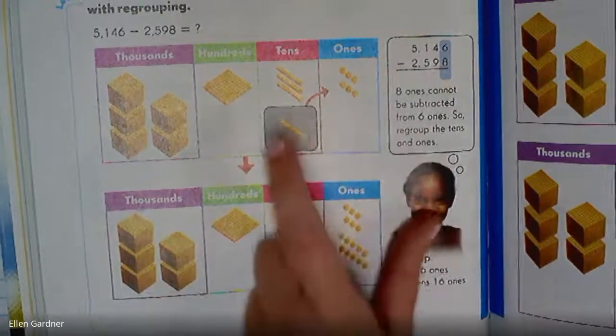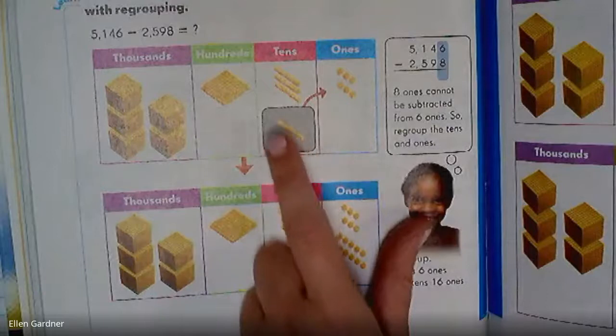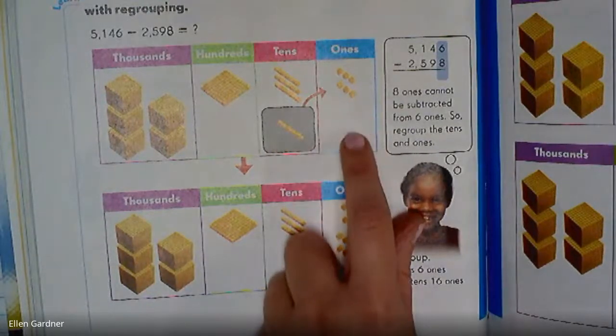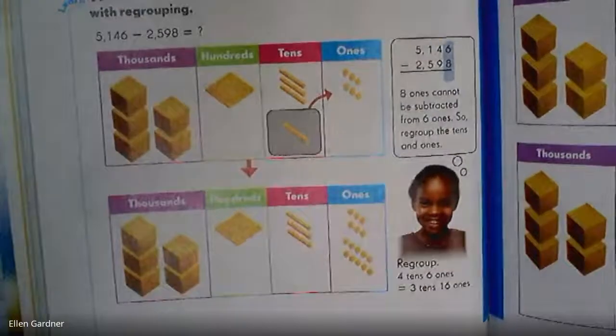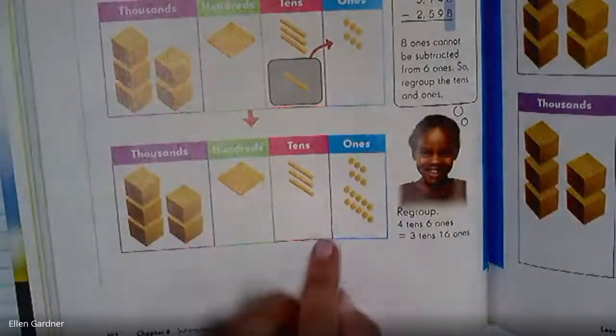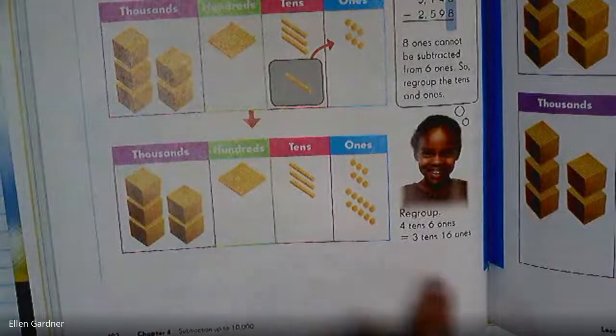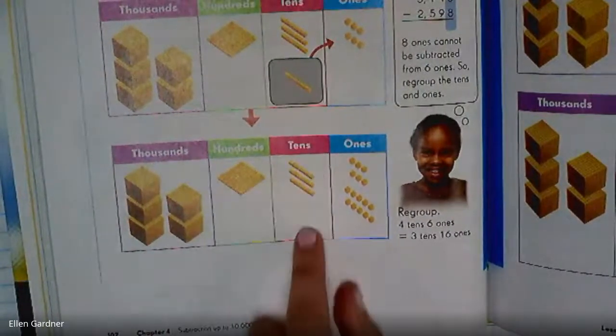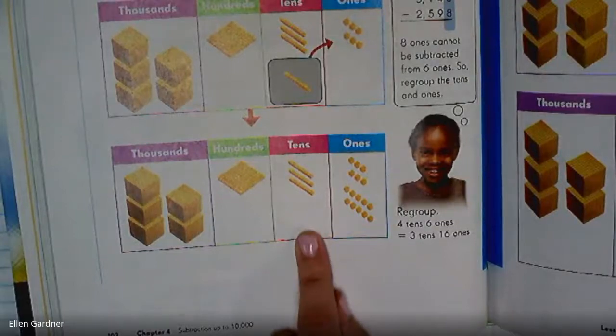We regroup by going to the next largest place value, the tens. 1 ten regroups to 10 ones that we add. So this is what it looks like. Instead of 6 ones, we now have 16 ones, and instead of 4 tens, we have 3 tens.